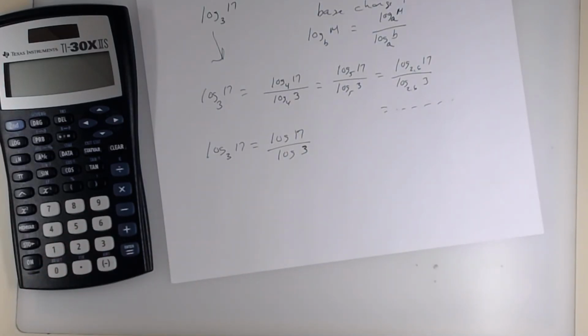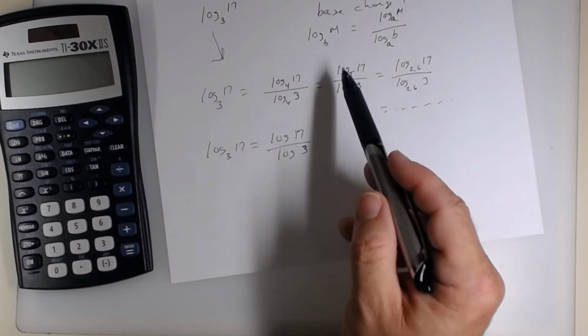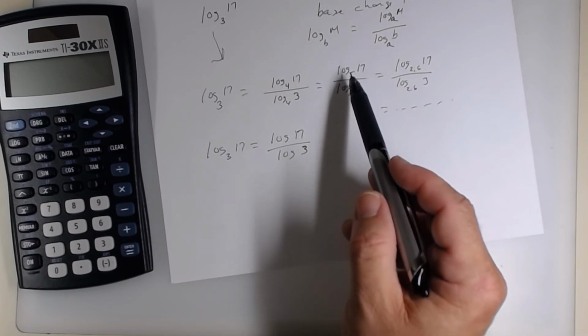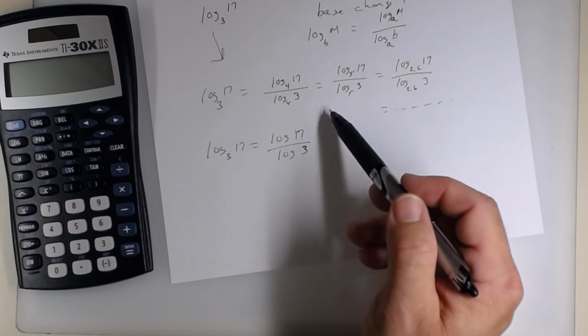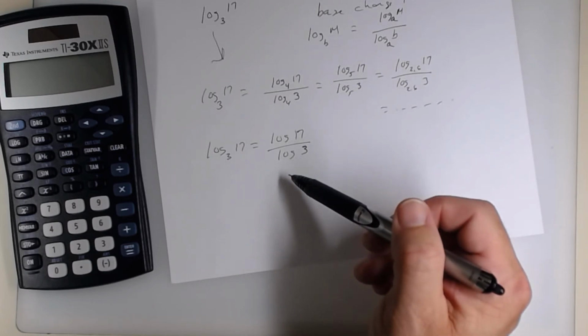Now, don't write the base 10 because remember, LOG is understood to have what base? 10. All right. So I know I wrote the bases here because you have to write the bases if it's something other than 10.